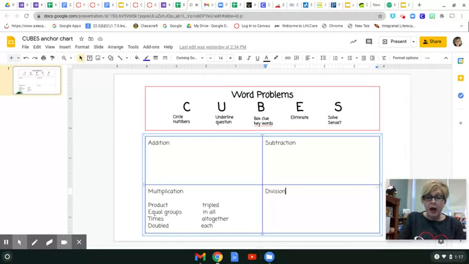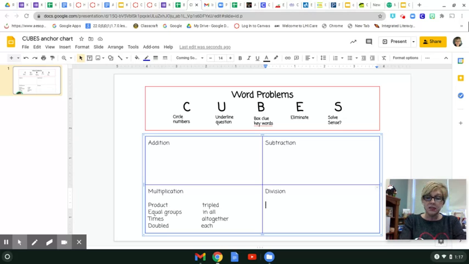So I've got our chart pulled up, and for division, there are some clue words to look for. They're not always in every story problem, but it helps us get an idea as to what words to look for.